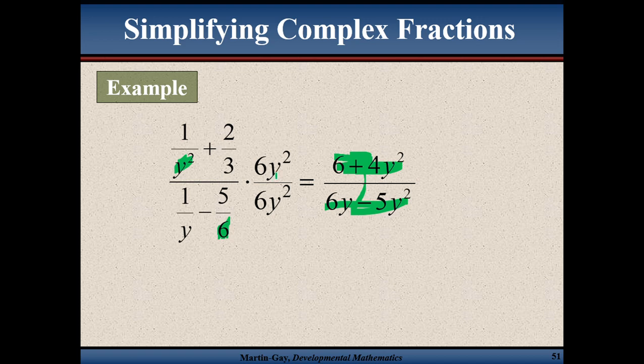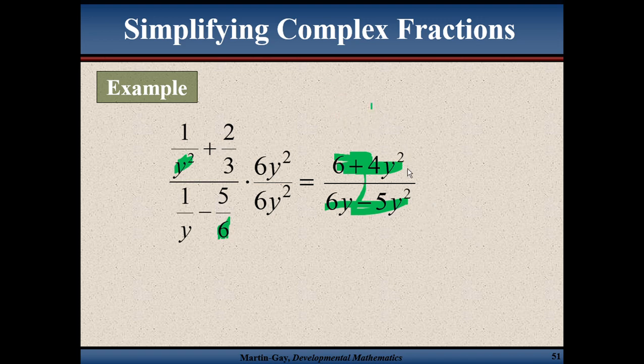Baka magtataka kayo paano nangyari to. Kasi, multiply natin yan. Di ba? Ito kasi pag multiply mo, magiging 6. Ganito yan eh.